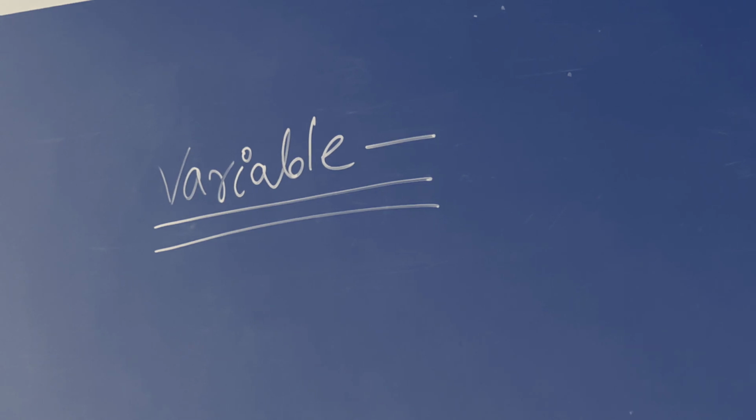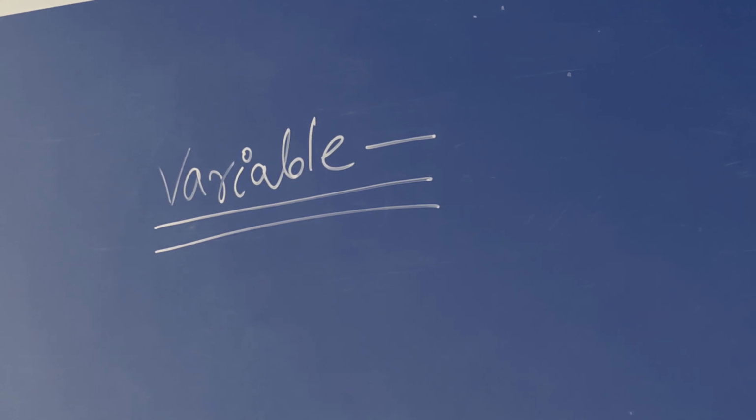Another example of variables is your weight, maybe your height, the temperature of this week, rainfall of this month, etc. That means variables do not remain the same. They change from time to time.